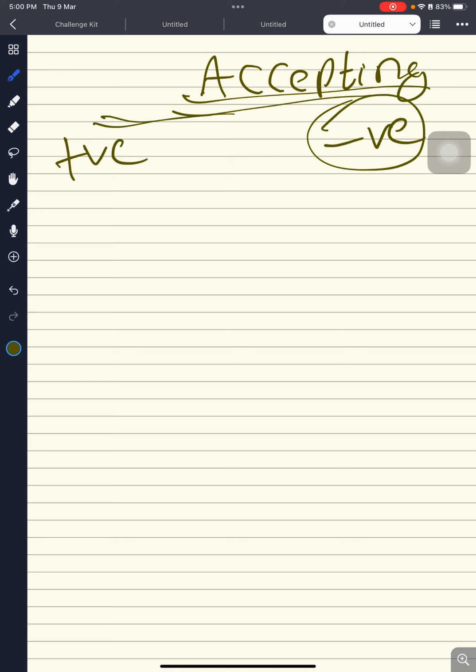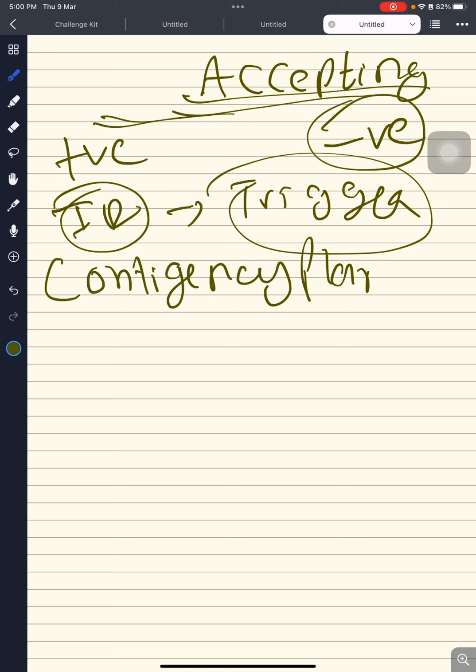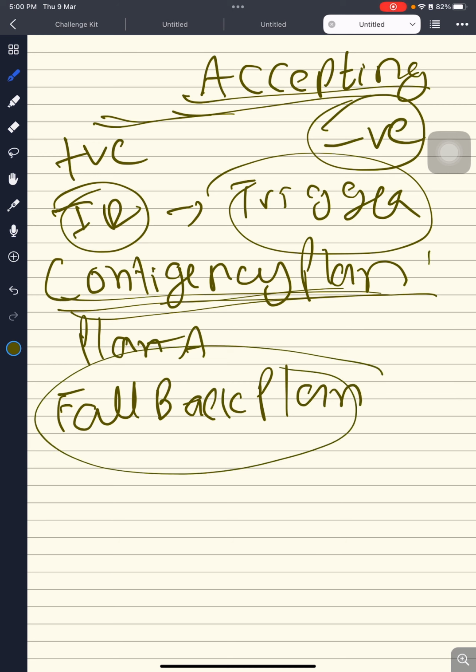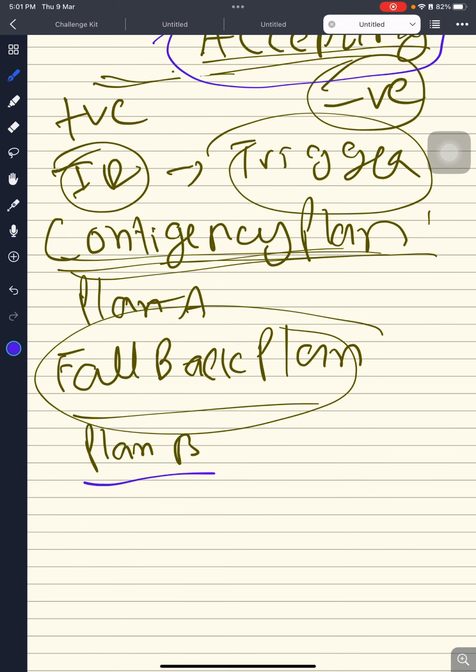What happens in accepting? We identify the risk, we identify the trigger of the risk, we make a contingency plan. Okay, if this risk occurs, this will be our contingency plan, plan A. If the contingency plan fails, we have a fallback plan for that particular risk, plan B. We have accepted that when this risk occurs, we cannot avoid, mitigate or transfer it.